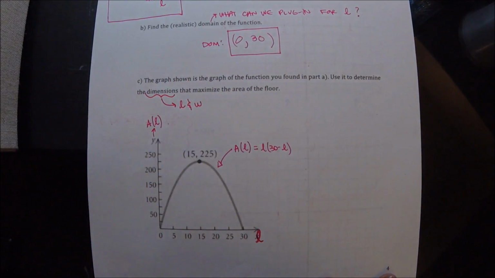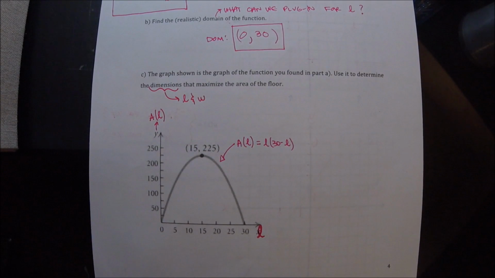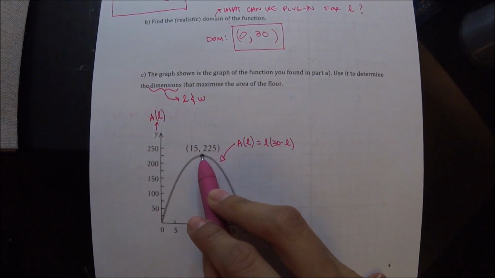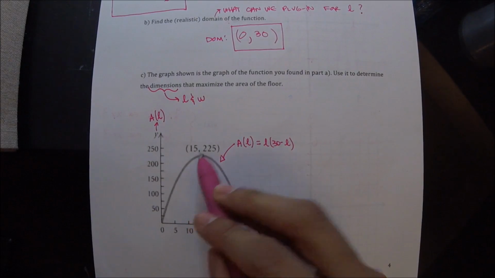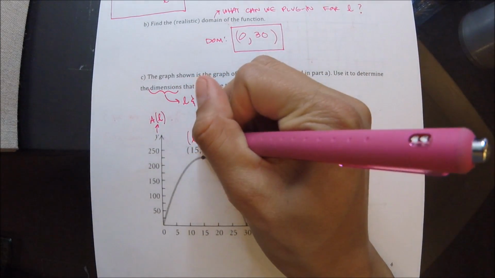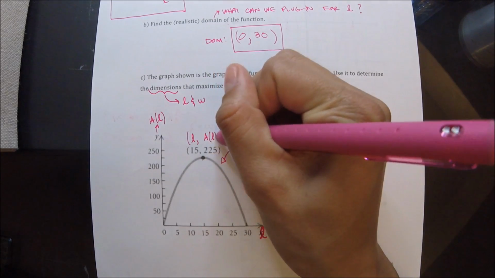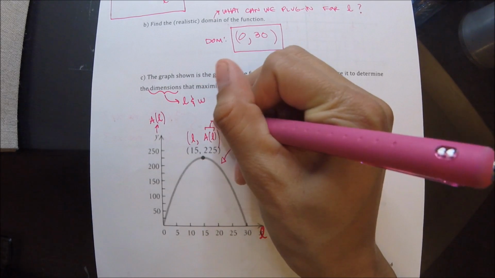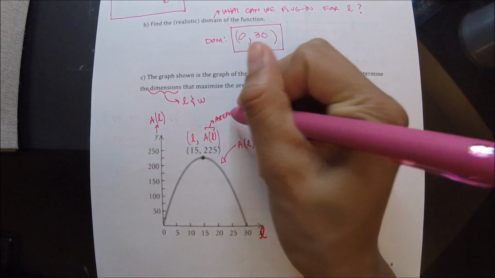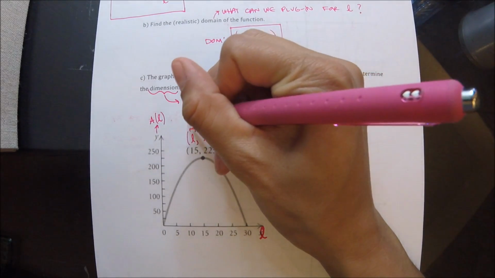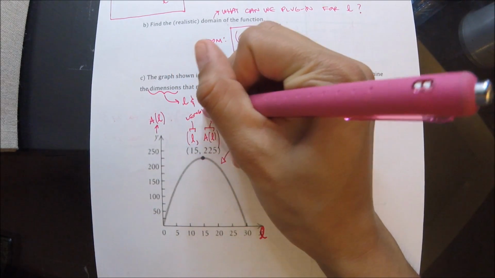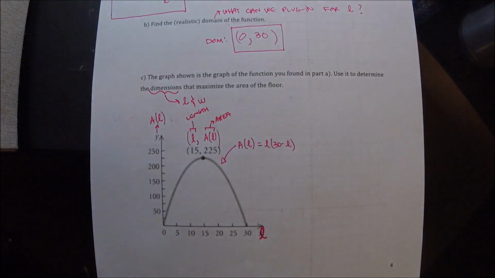Well, we already talked about maximums and minimums in this section. This is, of course, a maximum. And we have L, comma, A of L. So this part represents the area, and this represents the length of the testing center.